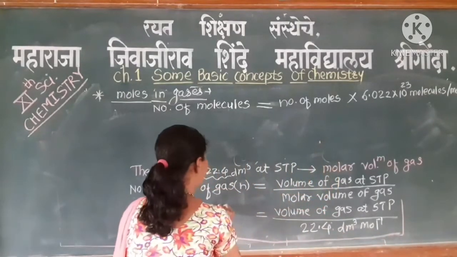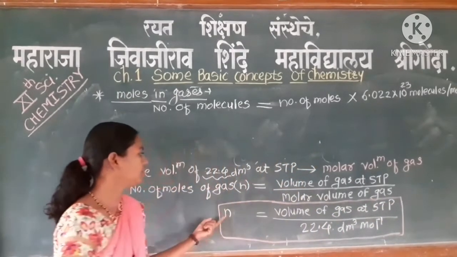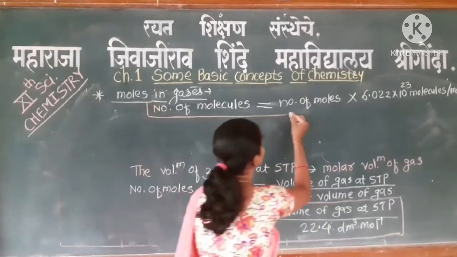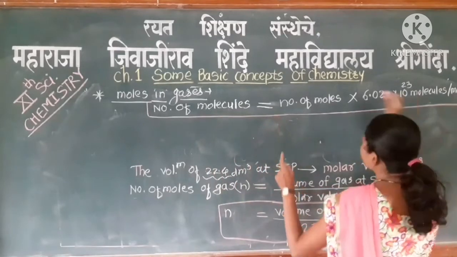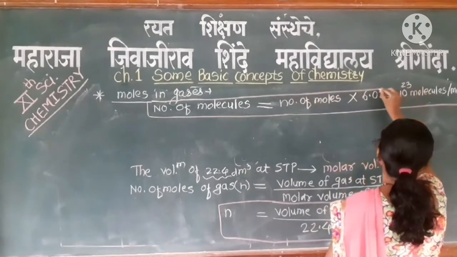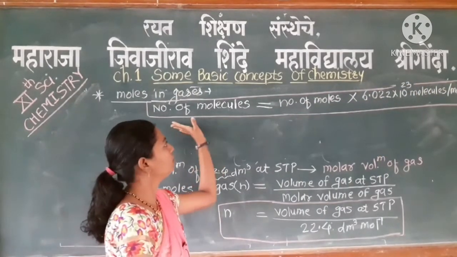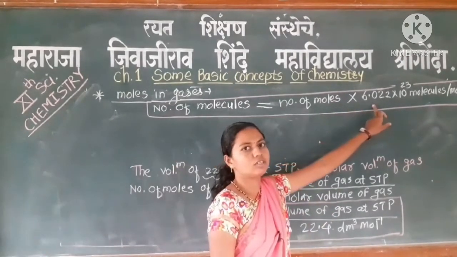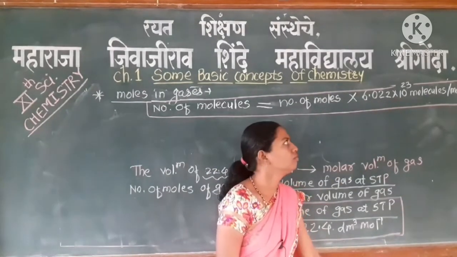This first formula we take for calculating the number of moles of gas. And to find the number of molecules, we take the formula number of molecules is equal to number of moles, that is n, into Avogadro's number, which is 6.022 into 10 raised to 23 molecules per mole.